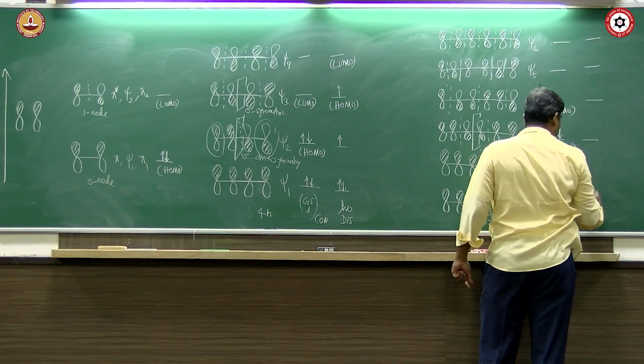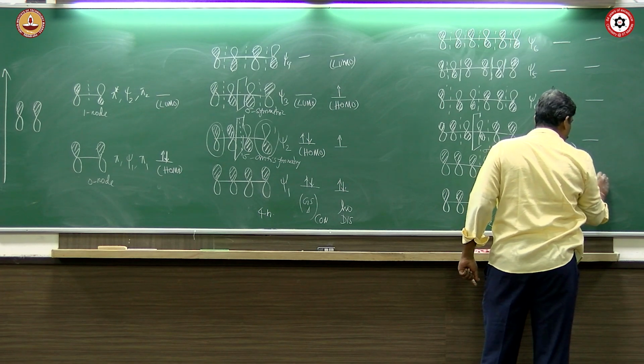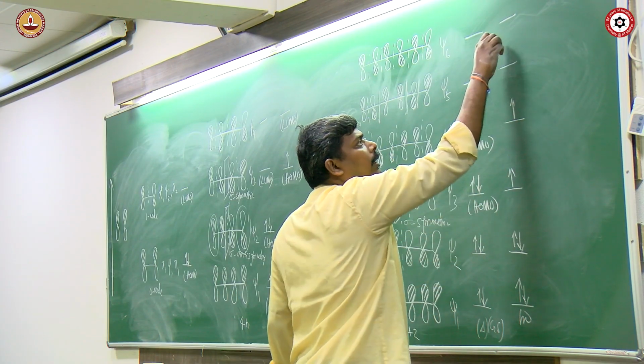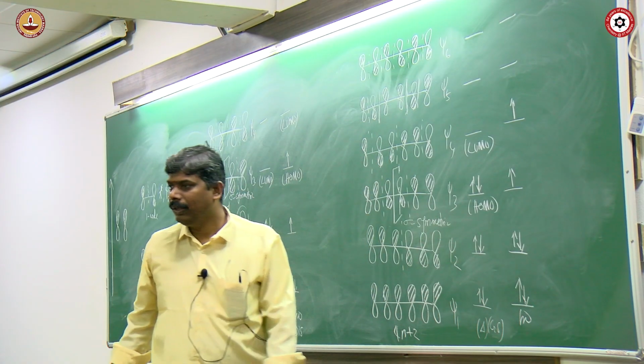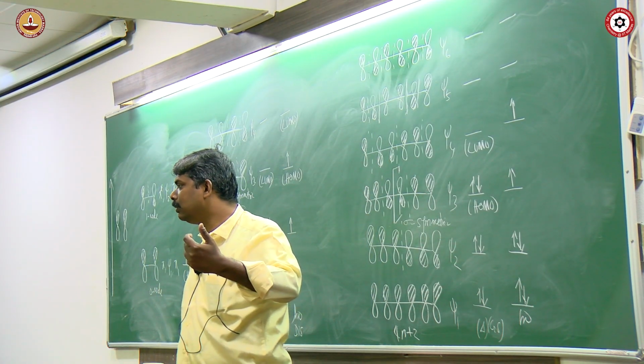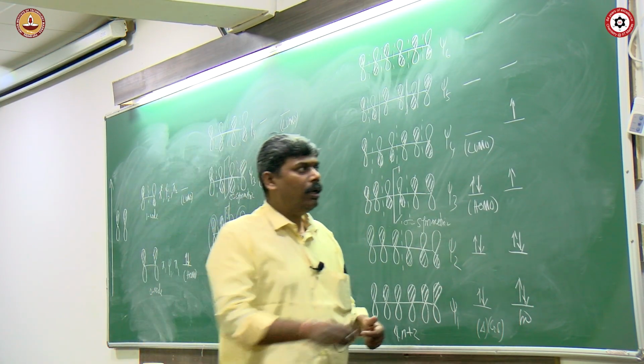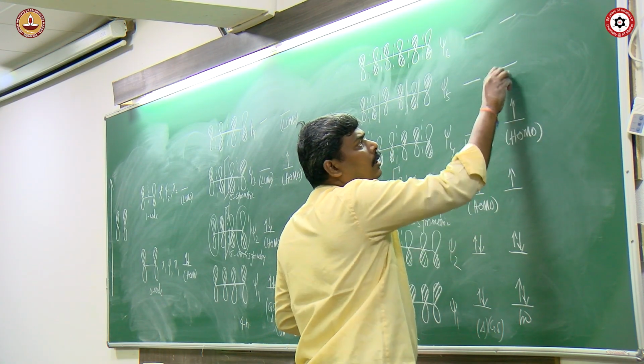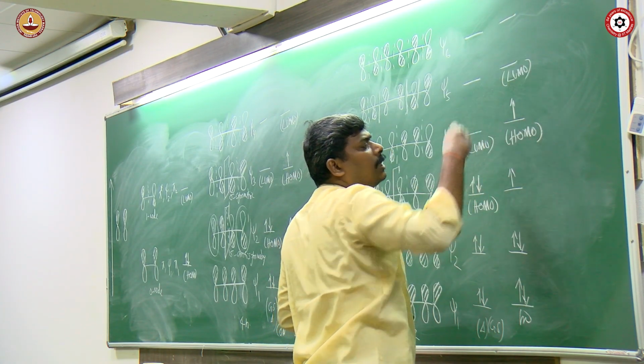right. So, we will have the bottom two with 2 electrons, the next will have 2, then I will excite 1. Now, the HOMO becomes psi 4 under photochemical condition. The HOMO which you consider is psi 4 here, and the LUMO is psi 5.